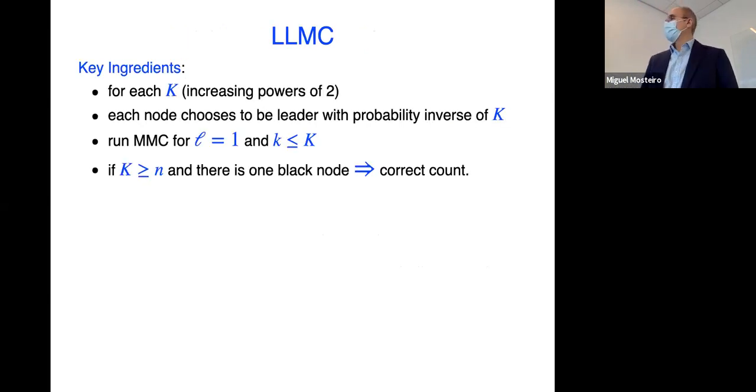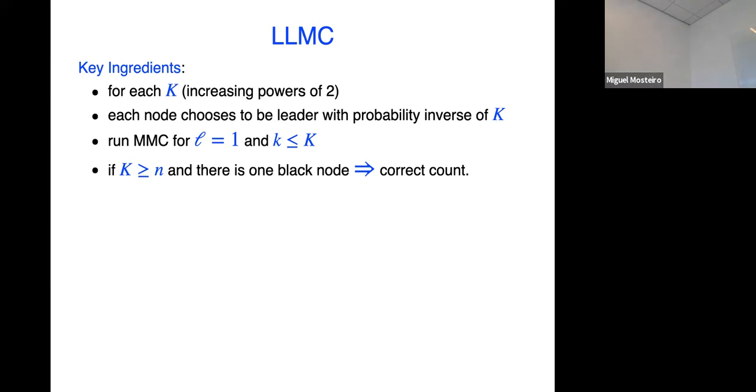The key ingredients of the algorithm are the following. We will apply methodical counting with one leader, assuming just one leader. But we don't know N in advance, and moreover we don't know the outcome of the stochastic choice. We don't know how many leaders there will be, so we don't know when to stop.